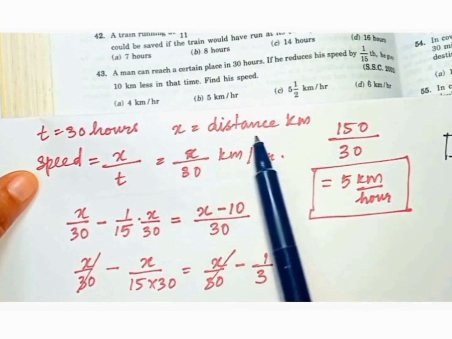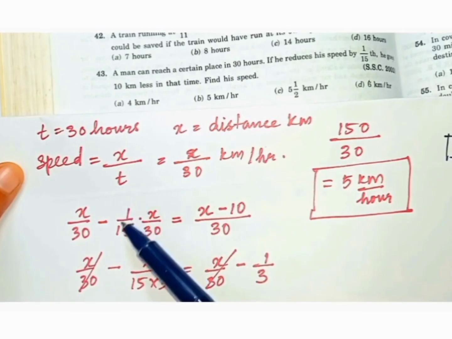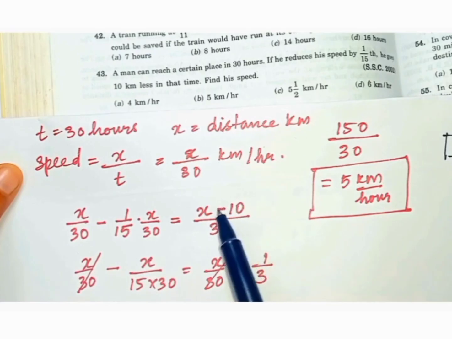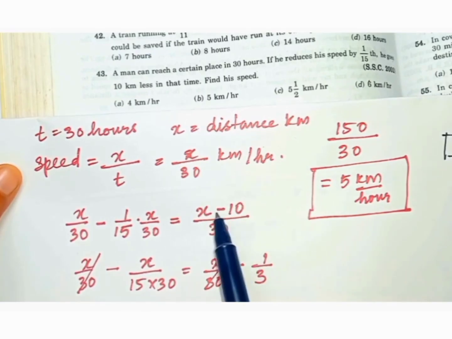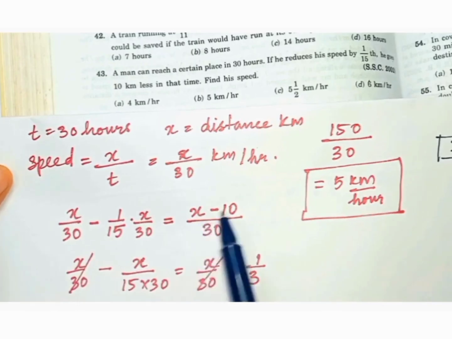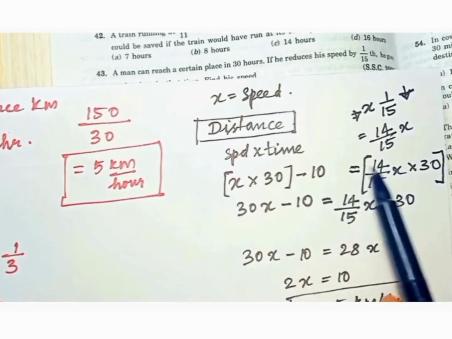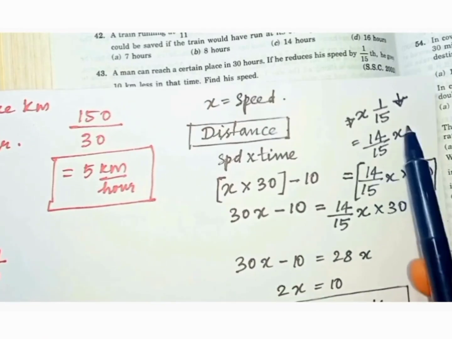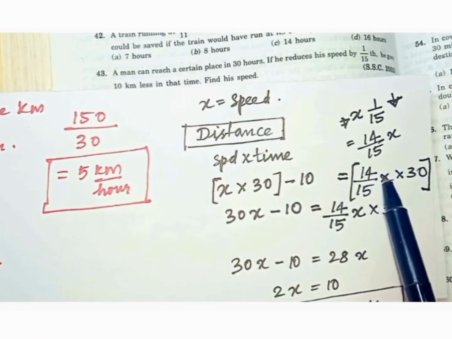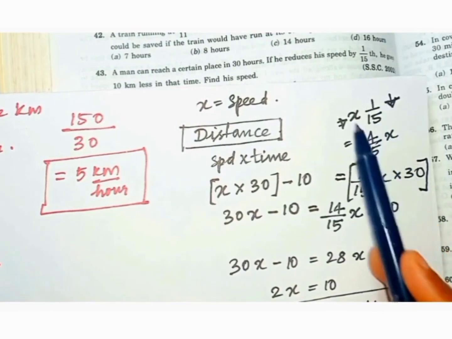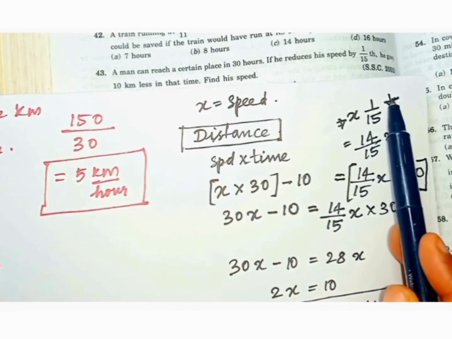If you're going to take x as distance, you will have to directly put 1 by 15, this is reduced speed, as we are again considering reducing 10 from the original distance. But since we are directly taking the speed and there is a reduction in speed, we are considering the reduced speed after the speed reduction criteria is considered.